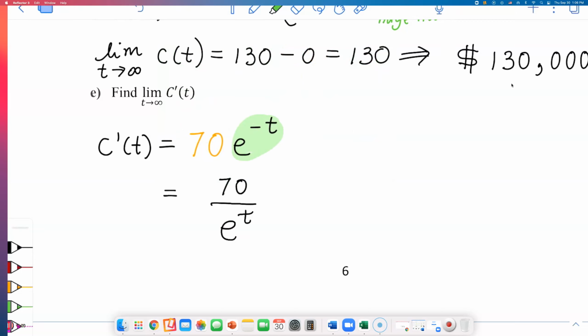So let's think about this. If the denominator gets infinitely big as t gets infinitely big, 70 is getting divided by a really, really big number, right? So what is 70 divided by a huge number? 0, okay?